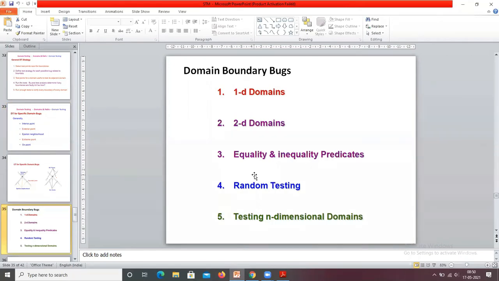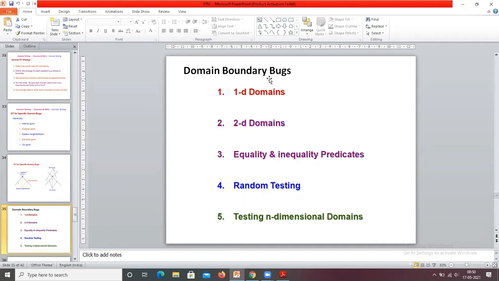Okay. So bugs for one-dimensional domain with open domain boundary. So these are the different types of bugs we are going to get when we are doing the domain testing.